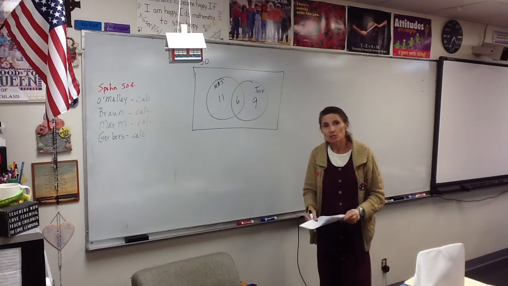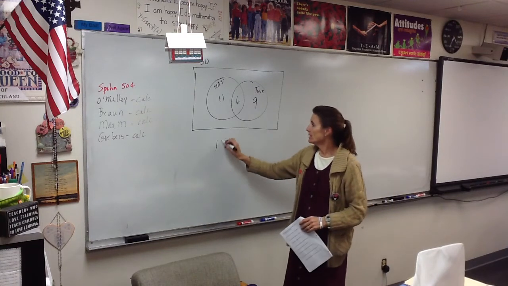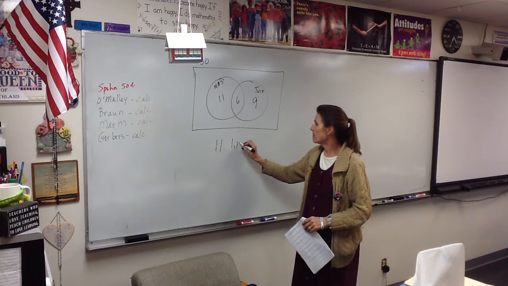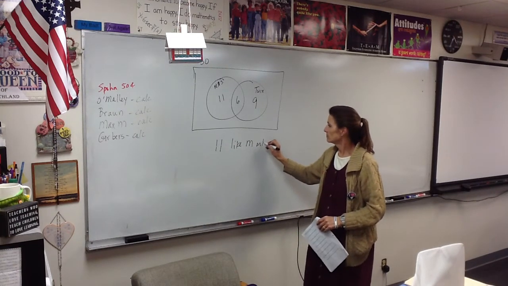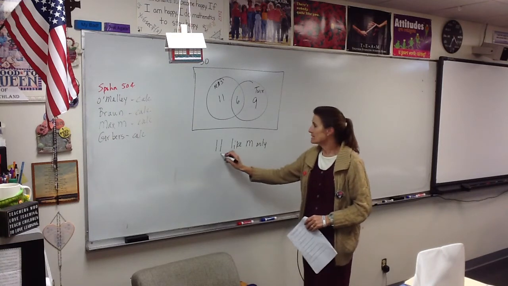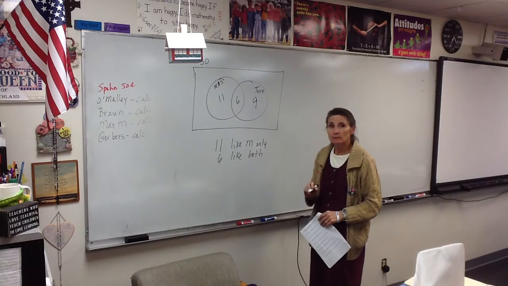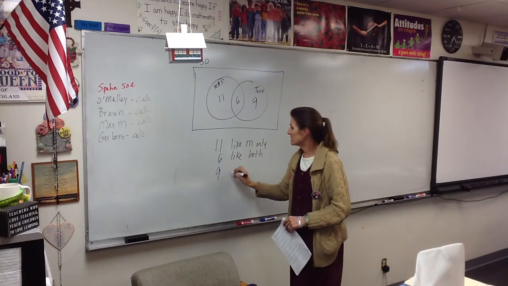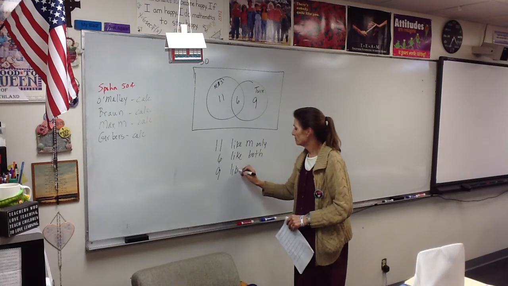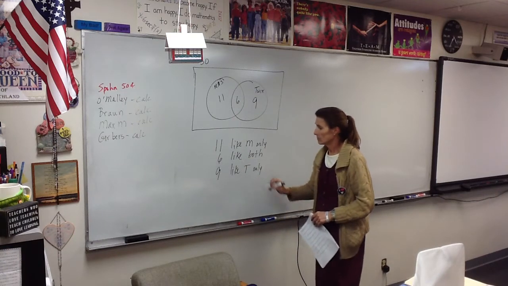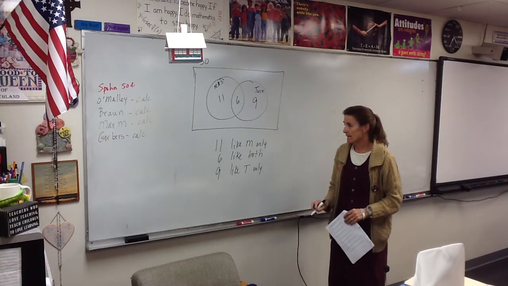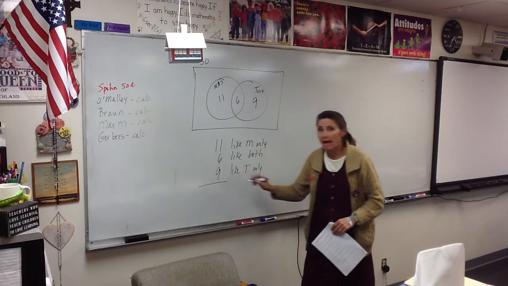Now here's something I need you to understand. There are 11 kids that like M&Ms only. There are 6 kids that like both. And there are 9 kids that like Twix only. Okay, wait a second. How many kids is that?